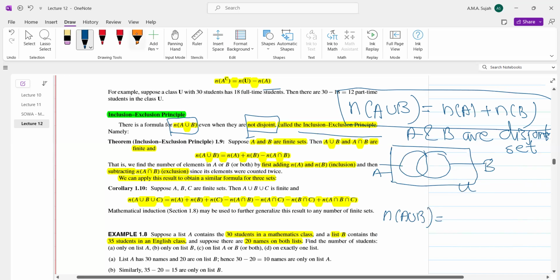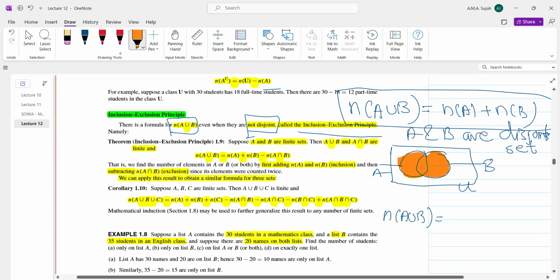A union B means you need to think about this entire colored area as the number of elements in A union B.